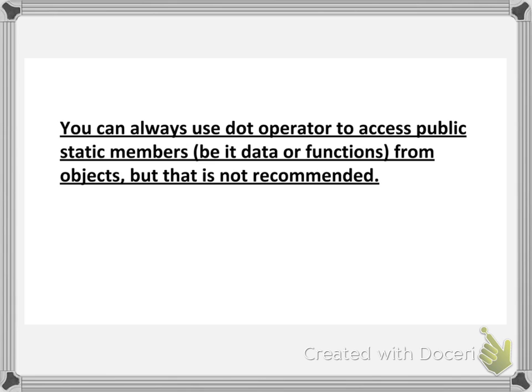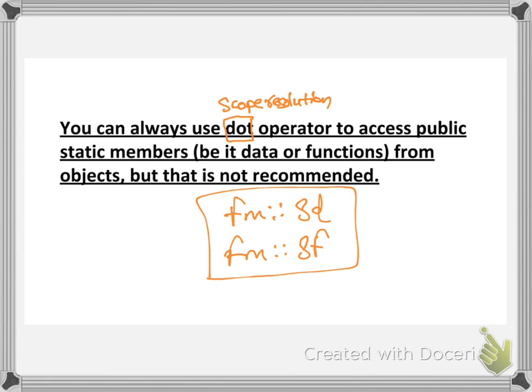So this is one thing. You can always use the scope resolution operator to access public static members, be it data or functions. I'm sorry, it's not the dot operator, it's the scope resolution operator here. So I can always do family member scope resolution static data, family member scope resolution static function.